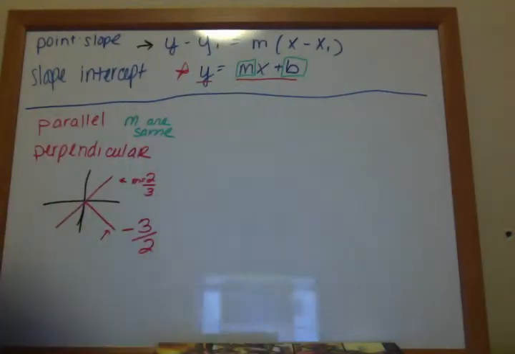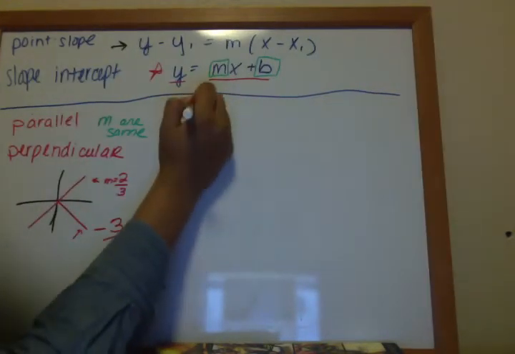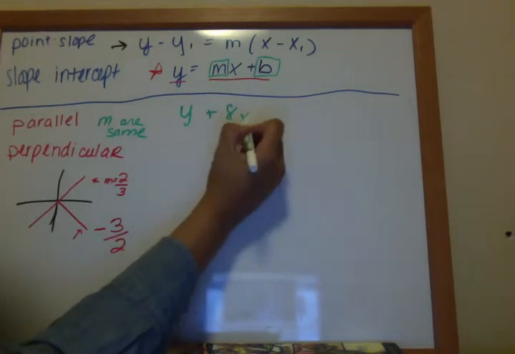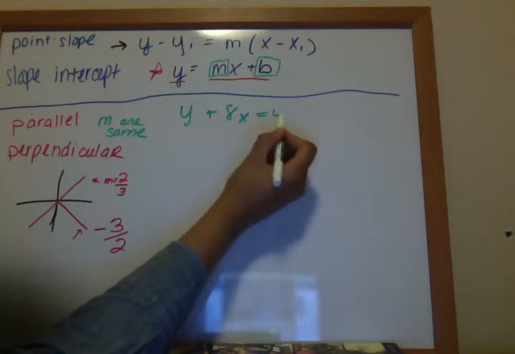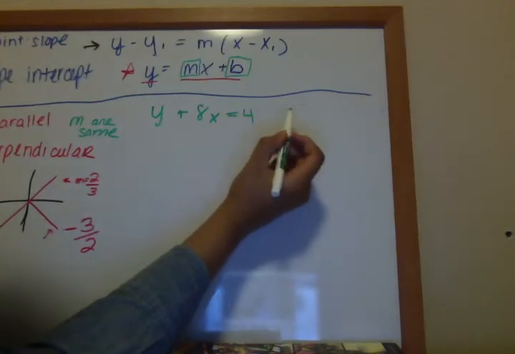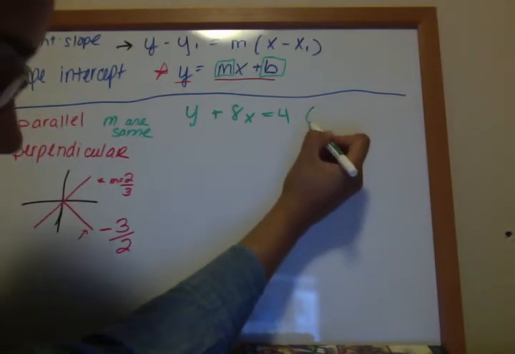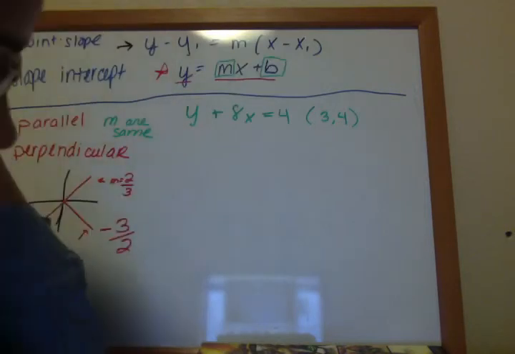Okay? So we're going to do some work over here. The equation is y plus 8x equals 4. And they give you a point of (3, 4).